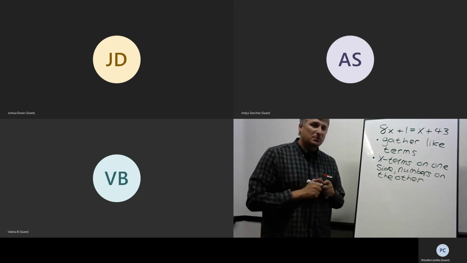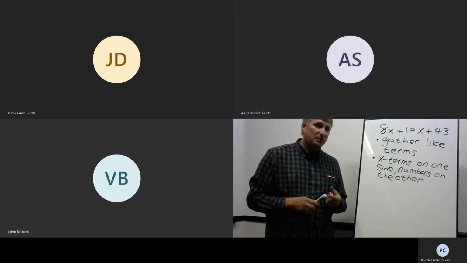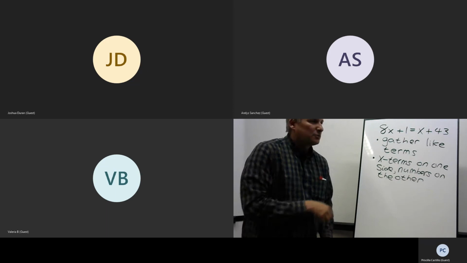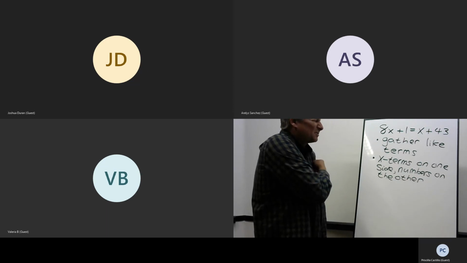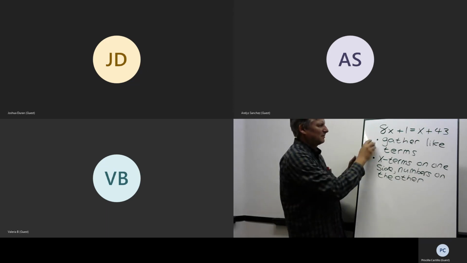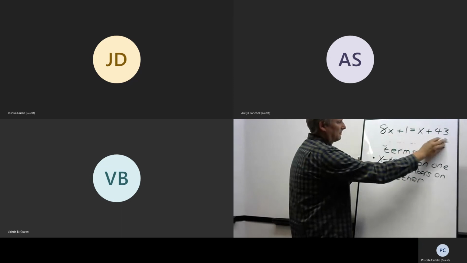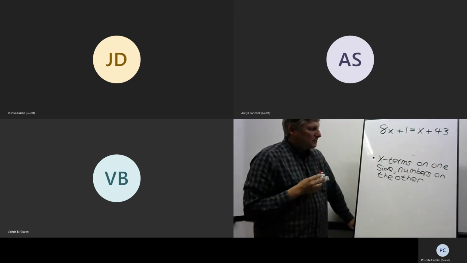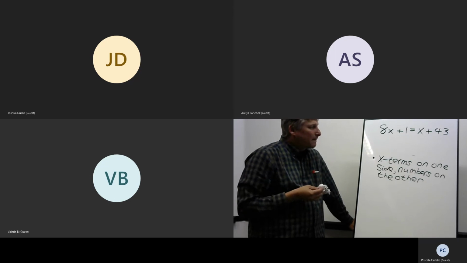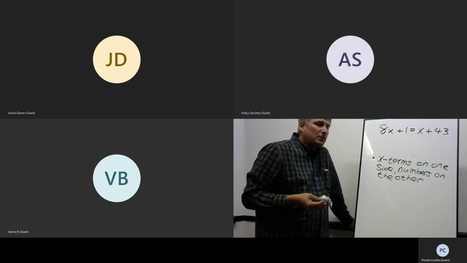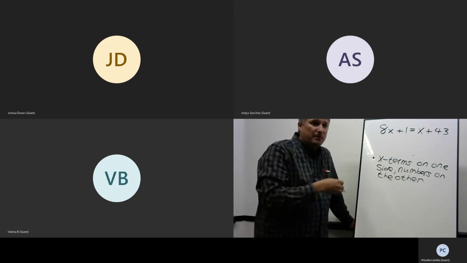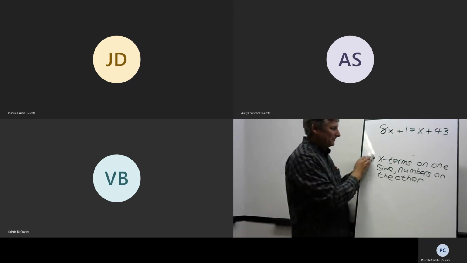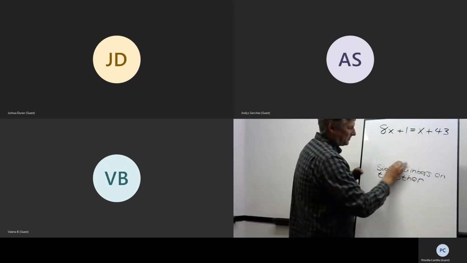So all the x terms on one side and the number terms on the other. Now, there's different ways you can do this. I'll do it both ways. There's generally two ways. We're going to want x terms on one side and numbers on the other. You'll hear people talk about this as moving something to the other side. It's a very common way of describing it. So we can use that also.